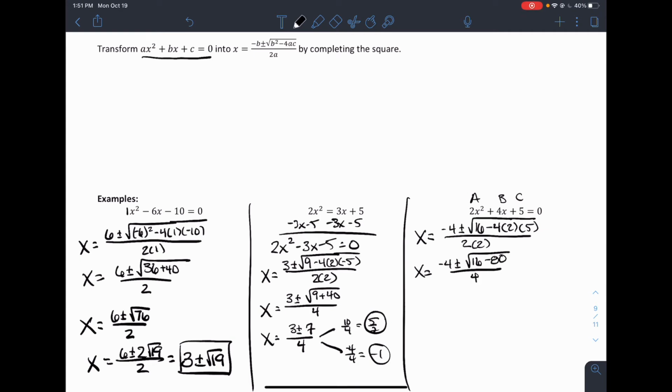I'm seeing I'm going to have some imaginary solutions here. x will equal negative 4 plus or minus the square root of 16 minus 80, 64, negative though, over 4. So therefore, x would equal negative 4 plus or minus 8i over 4. And I can divide out the 4 now, and I'll have negative 1 plus or minus 2i.